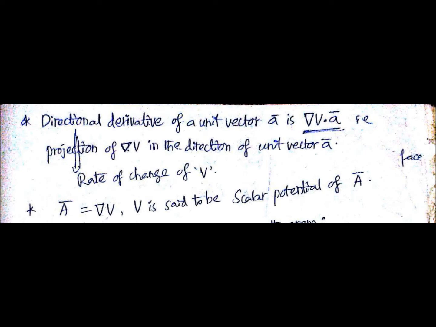In that case that scalar v is said to be the scalar potential of a bar, just a term. Why it is potential you will come to know while we are discussing the concept of potential. As of now you remember that the scalar whose gradient gives the vector is known as the scalar potential. Okay, that's it. Thank you.